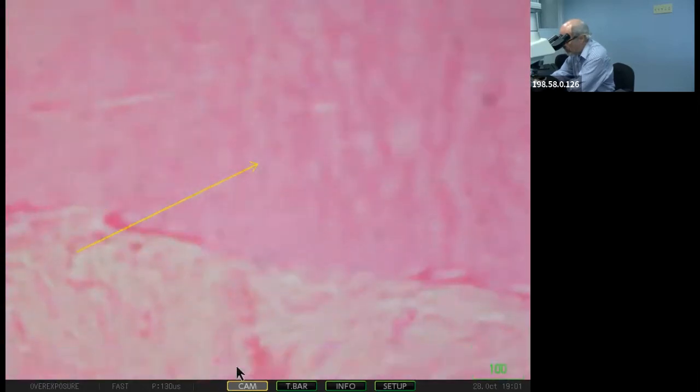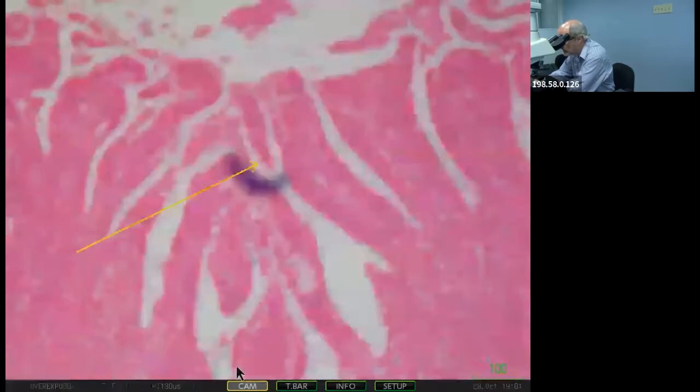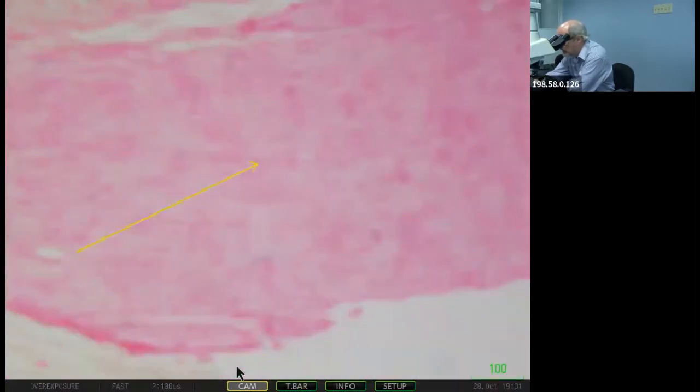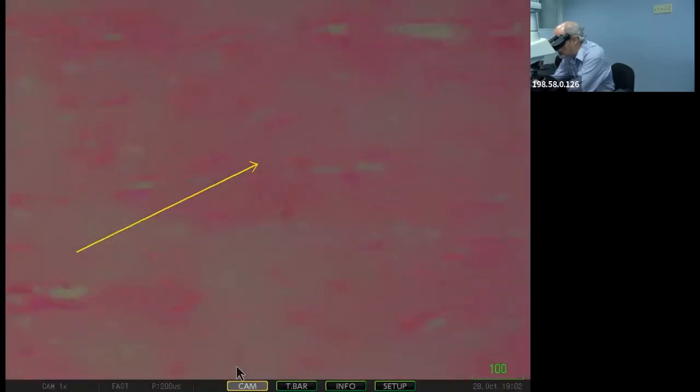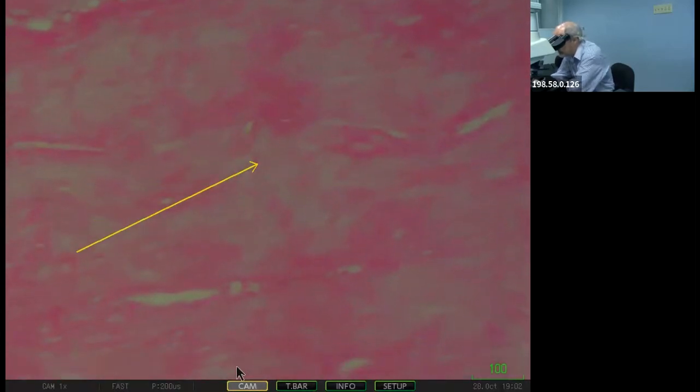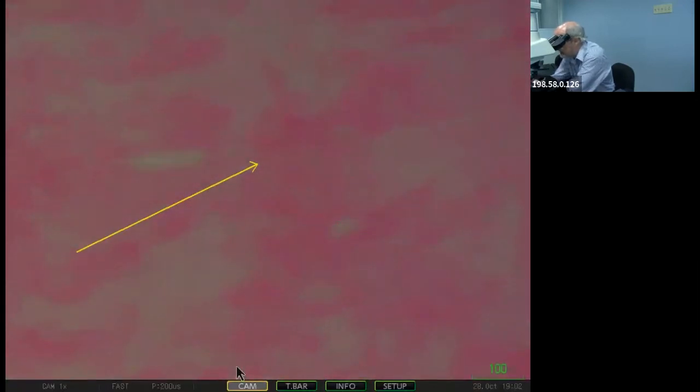Here we are back to the jejunum that we saw previously. We are in what is called the muscularis externa of the jejunum. So here you have some smooth muscle fibers, and they are fusiform.